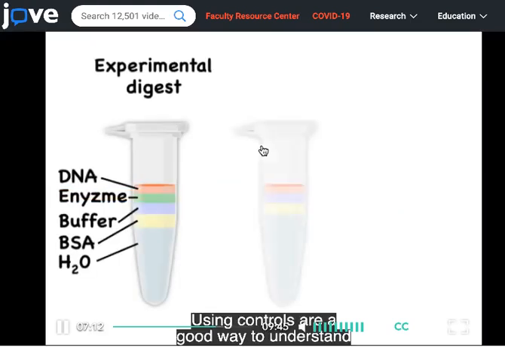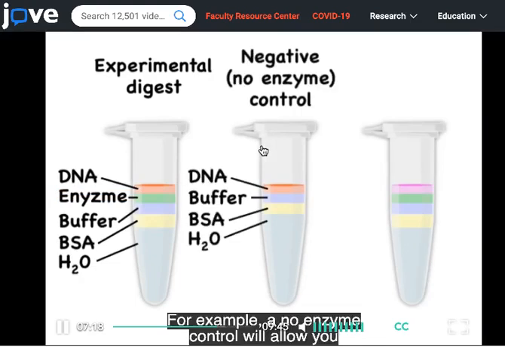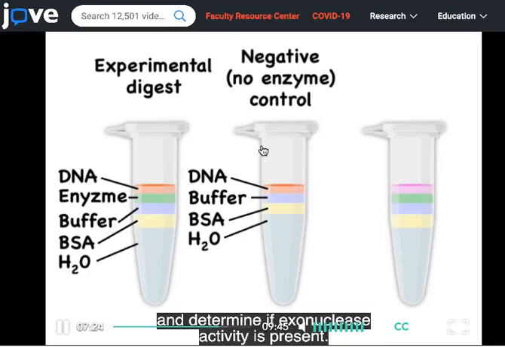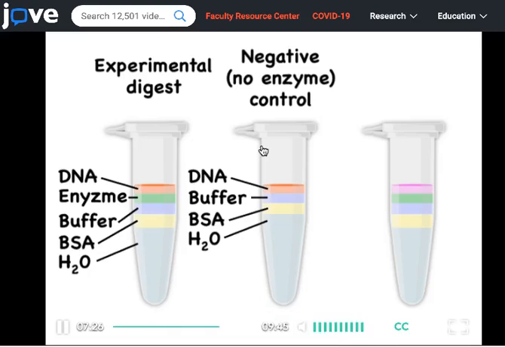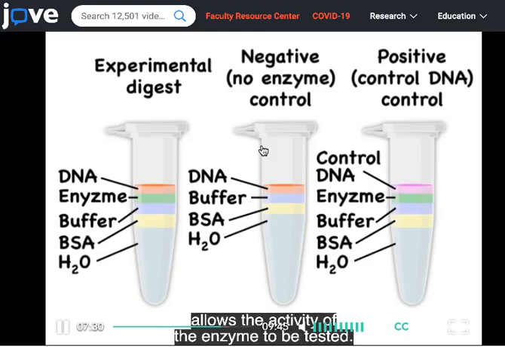Using controls is a good way to understand why a digest might go wrong. For example, a no enzyme control will allow you to check the integrity of the DNA sample and determine if exonuclease activity is present. The use of control DNA with known restriction sites allows the activity of the enzyme to be tested.